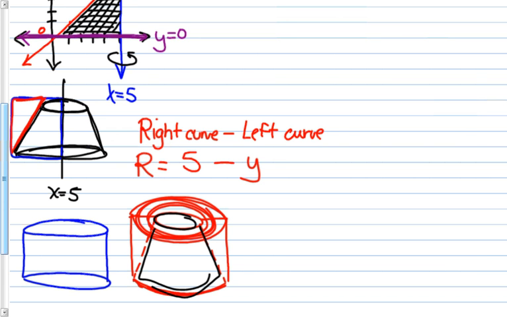The blue thing would get me an entire solid cylinder. The red would be everything but the actual thing I need. So if I take the blue and I subtract all of the red from it, I would end up with this, which is what I needed in the first place. Hopefully you understand what I'm saying.